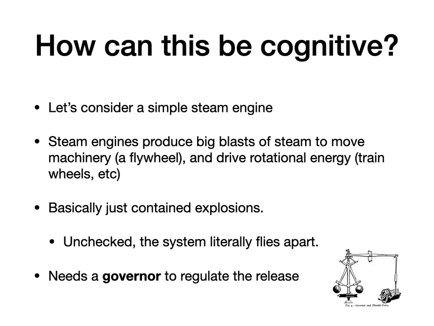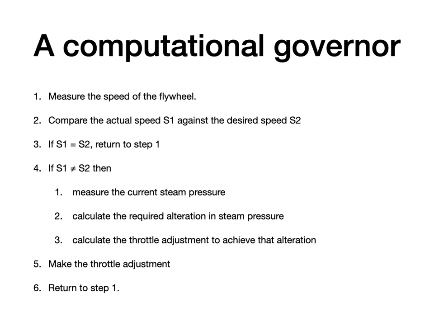If you were going to do this in a computational manner, here's the idea. You would have to measure the speed of the flywheel, compare the actual speed S1 against the desired speed of S2, and then if they are the same, you return to step 1. But if they're not the same, then measure the current steam pressure and calculate the required alteration in steam pressure to reduce it, throttle the adjustment, and now loop, return to step 1, do this over and over.